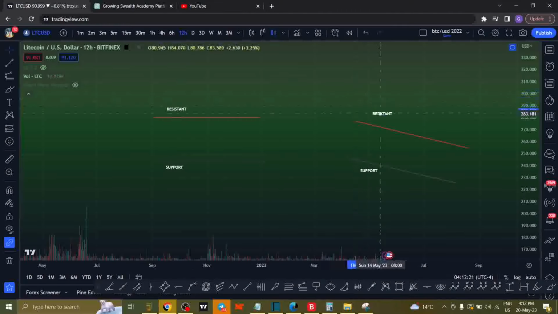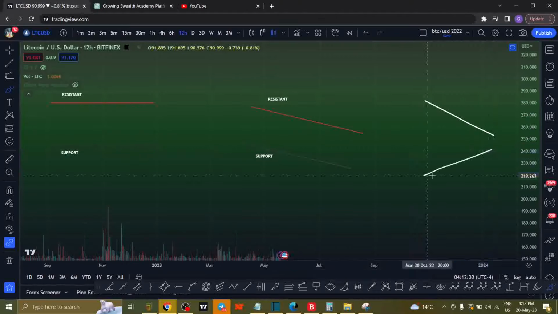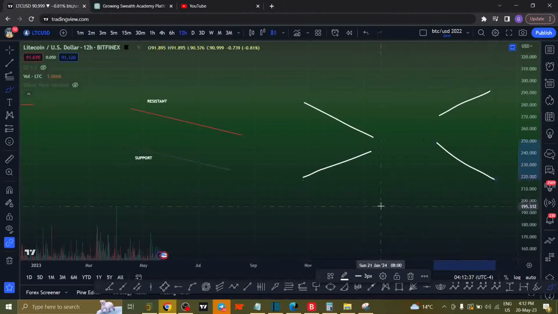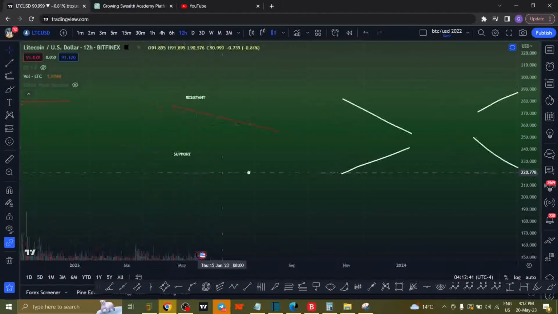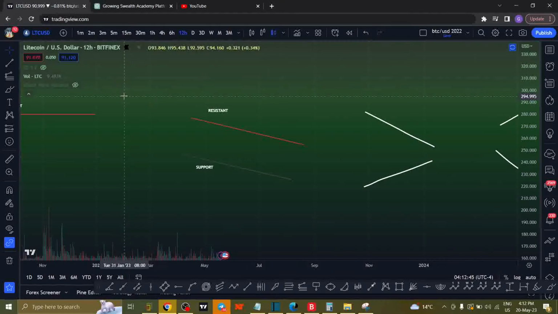Support and resistance can come in many different shapes. They can be sideways, they can be diagonal, they can form some kind of triangle formation, and they can be broadening wedges such as this. Let's first see our first two examples right over here, and then we'll touch on these at the end.